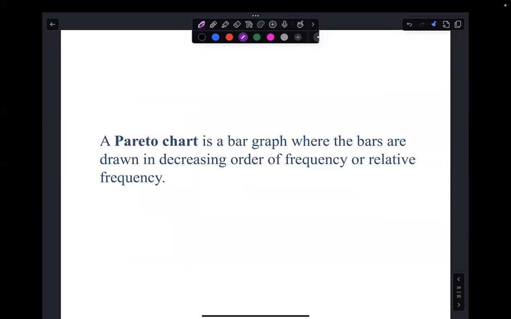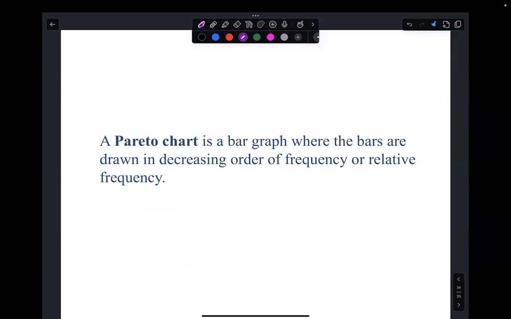So the Pareto chart is just to look pretty. We only use it for categorical data. The only thing we do is organize it so that the tallest bar is on the left and the shortest bar on the right. I'm 99% sure that they do not even talk about Pareto charts in my Open Math at all.